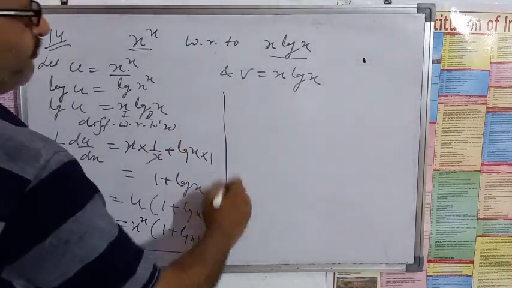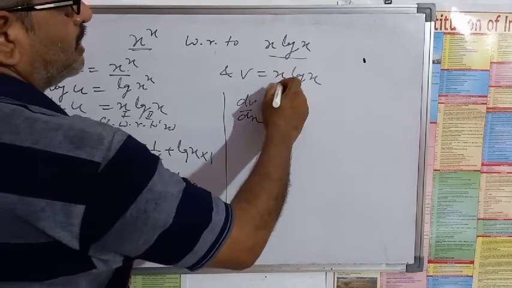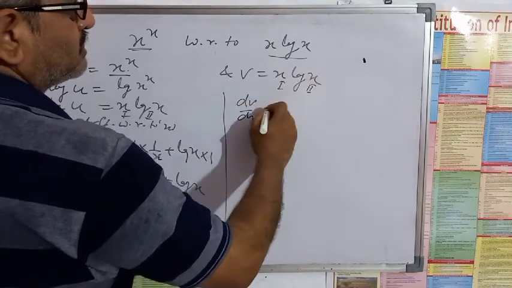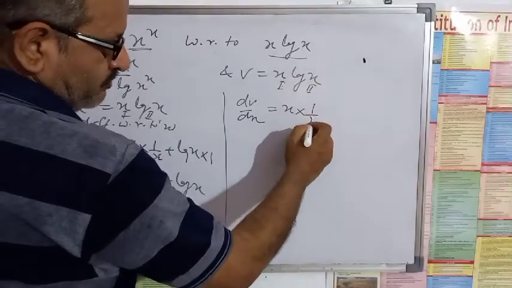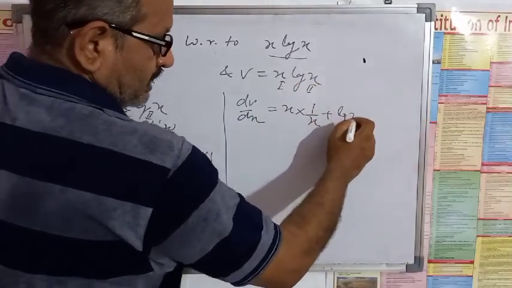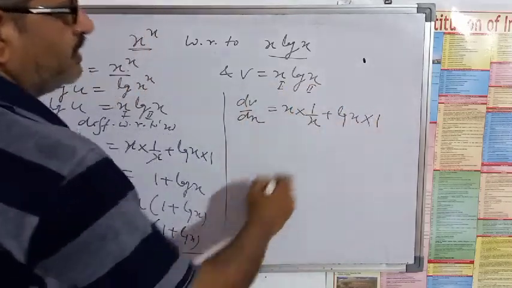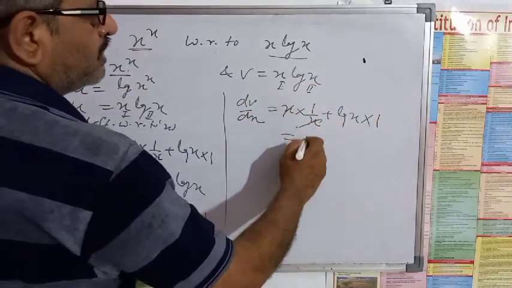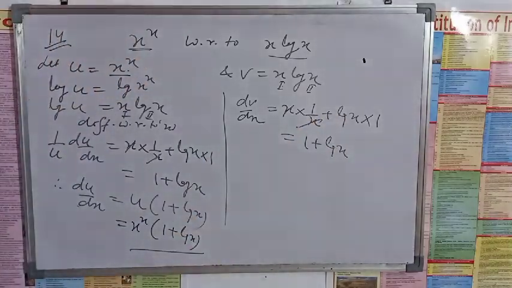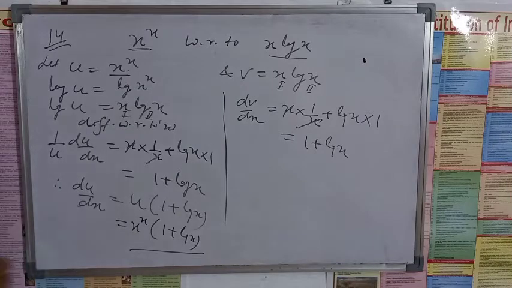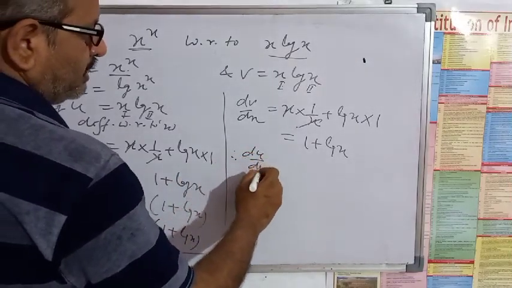Similarly, find dv by dx. Again use the product rule for x log x: first function x, derivative of log x is 1 by x, plus second function log x, derivative of x is 1. x cancels, so it is 1 plus log x. We have to find du by dv.